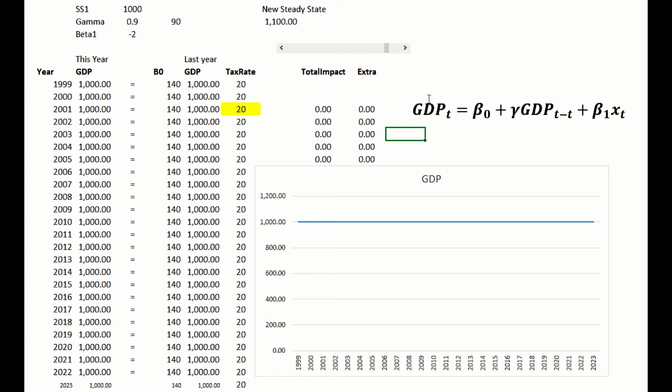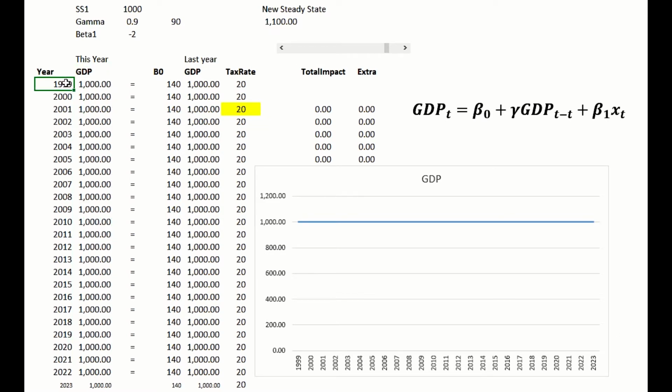But the difference here is we have this persistence parameter gamma that is going to be influencing how exactly X impacts GDP. So how I've set it up now is we're in what we could call a steady state. With nothing changing, GDP is going to be at 1,000.